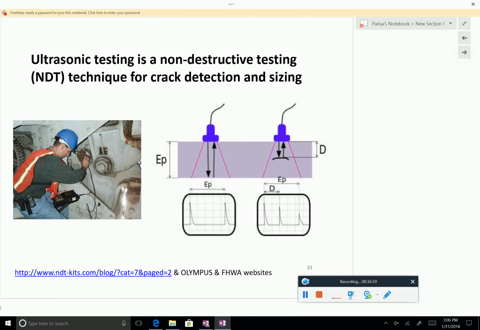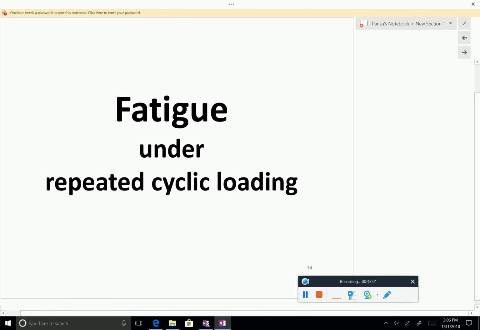Okay, now with that, we switch gears and we start talking about fatigue. So, we are talking about mechanics of failure. Started with brittle versus ductile failure, and then I hoped I brought some ideas from fracture mechanics to your knowledge, and now fatigue.